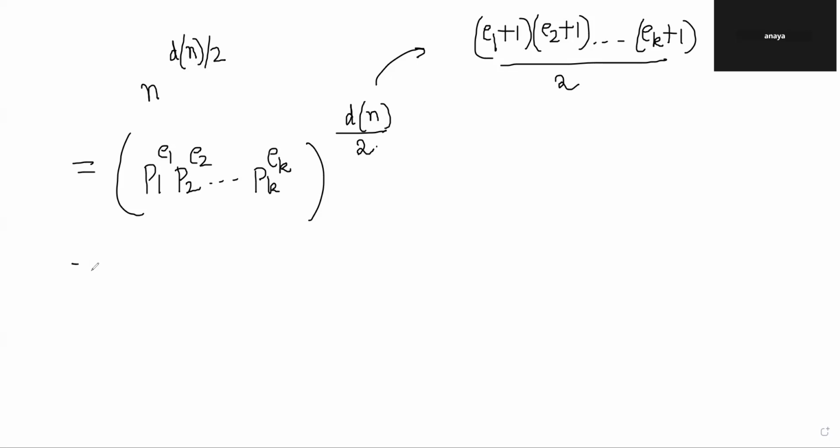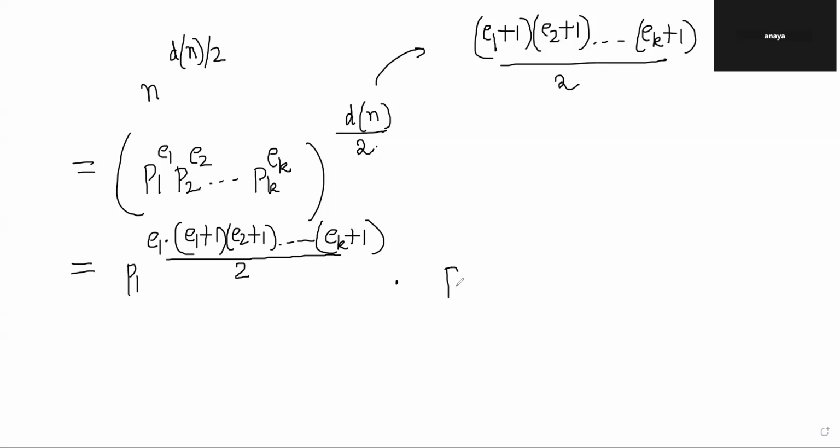So when you apply this power, you'll get p1 power e1 times (e1 plus 1)(e2 plus 1) till (ek plus 1) divided by 2.